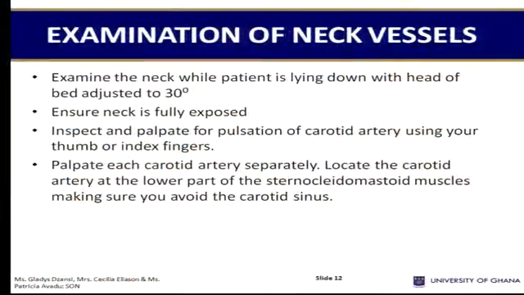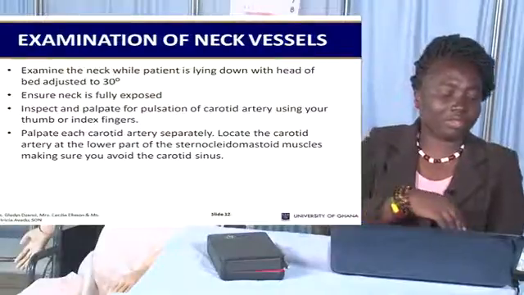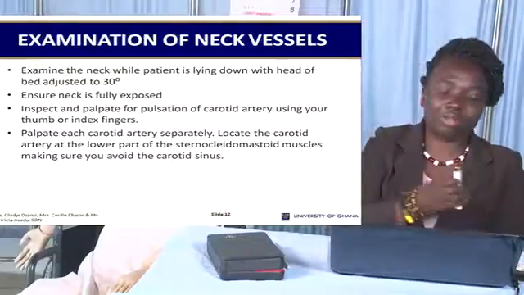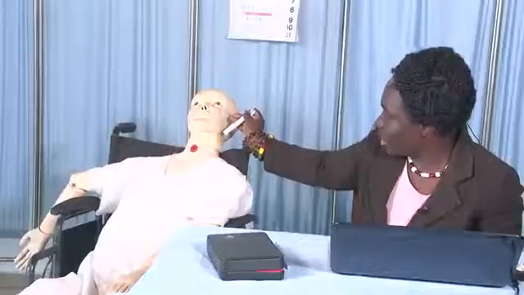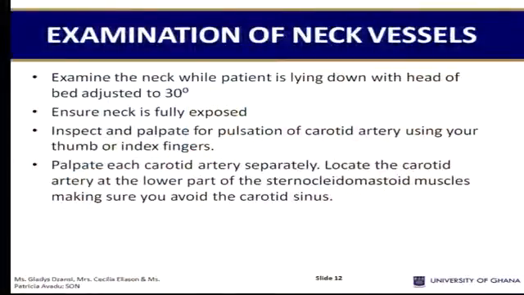Then you inspect the neck for pulsation. If you are not able to see properly, you can still use tangential light, flash the light on the patient's neck, and then observe for pulsation of the carotid artery on the neck on each side, and then you palpate to feel for the pulsation, and you palpate one at a time.